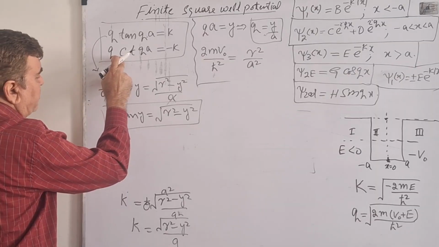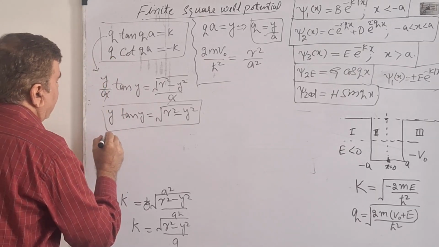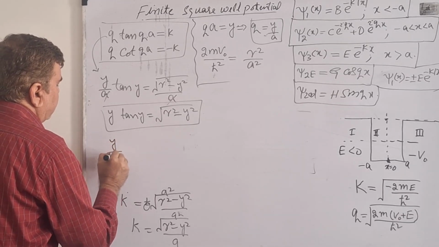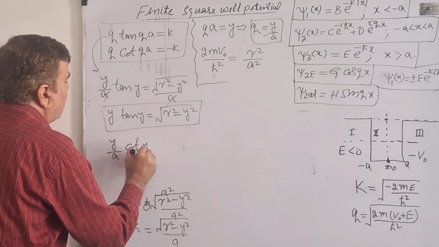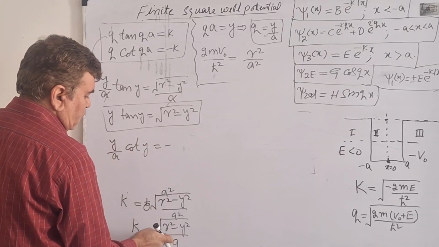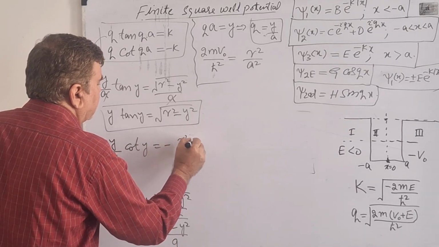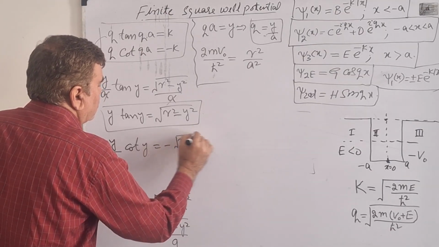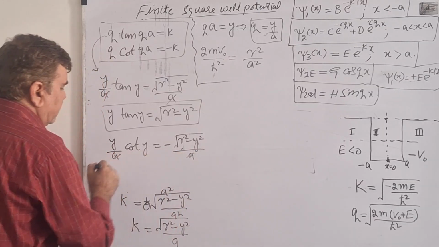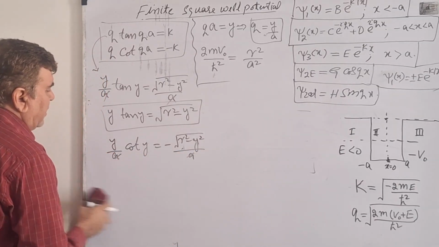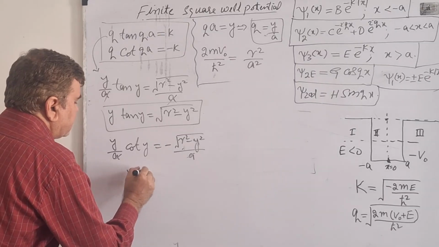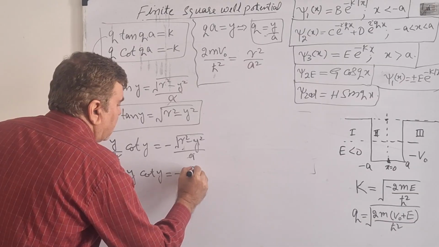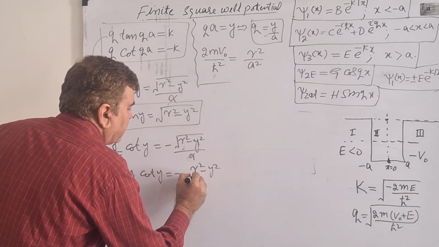Similarly, if I put the values in this other equation, q is y divided by a, cotangent y equals minus k, so I put in the square root of r squared minus y squared divided by a, which cancels with a. That gives me y times cotangent y equals minus the square root of r squared minus y squared.